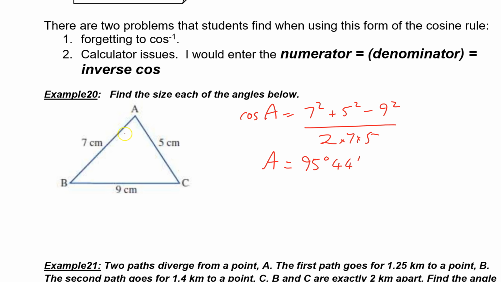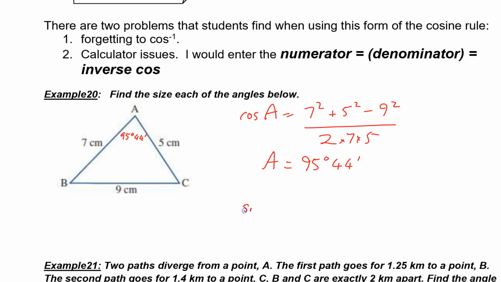It's not a bad idea to write that in there if you can. Now that I have that, I could pretty easily use the sine rule to find the next angle. I could use the cosine rule again exactly the same way, perhaps to find B, but let's do things efficiently.